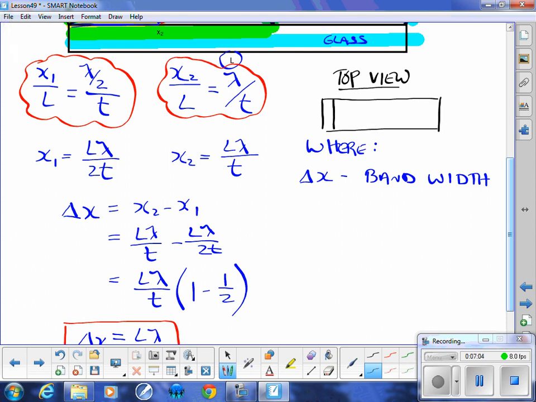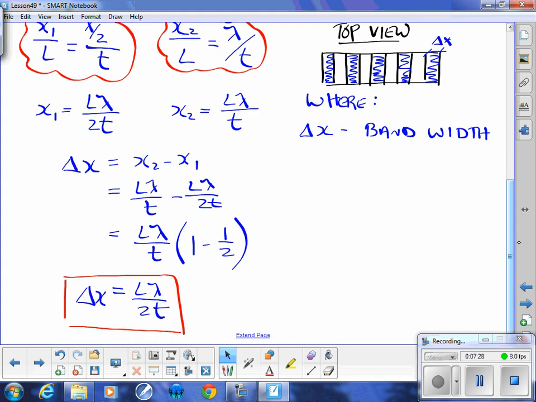What you're going to end up with is similar to our double slit refraction, where you'll have a band of constructive, destructive, constructive, destructive. So that distance in there, from here to here, that's your delta x. It's that bandwidth, how wide is the constructive interference.